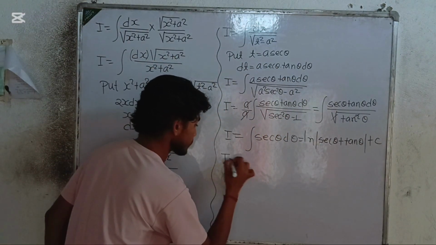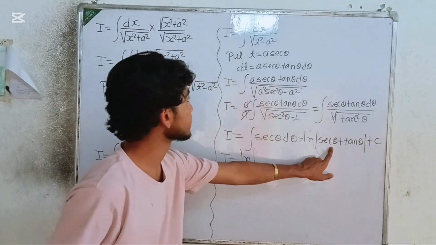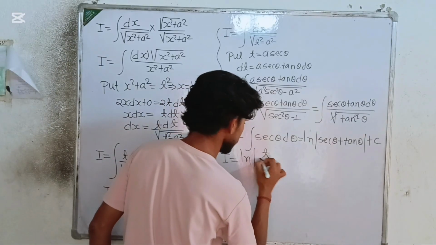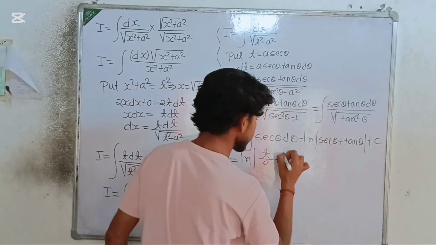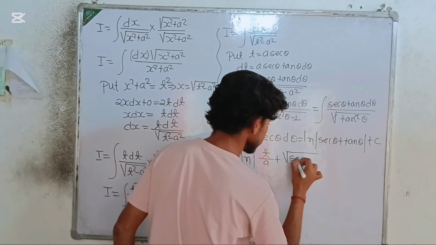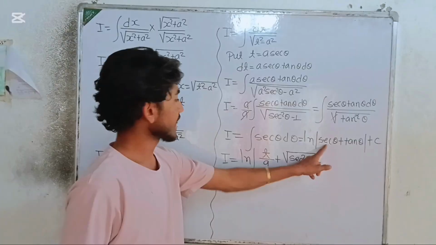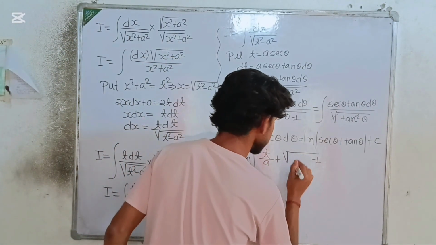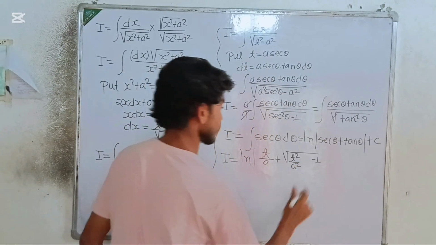So I is going to be ln; in terms of sec theta, I can write t over a, and in terms of tan theta you can write the square root of sec squared theta minus 1. So the sec is this much, and sec squared is going to be t squared over a squared, right?